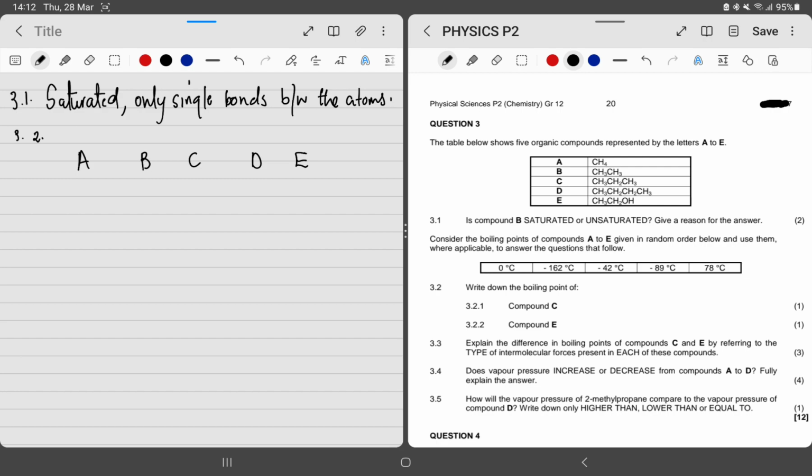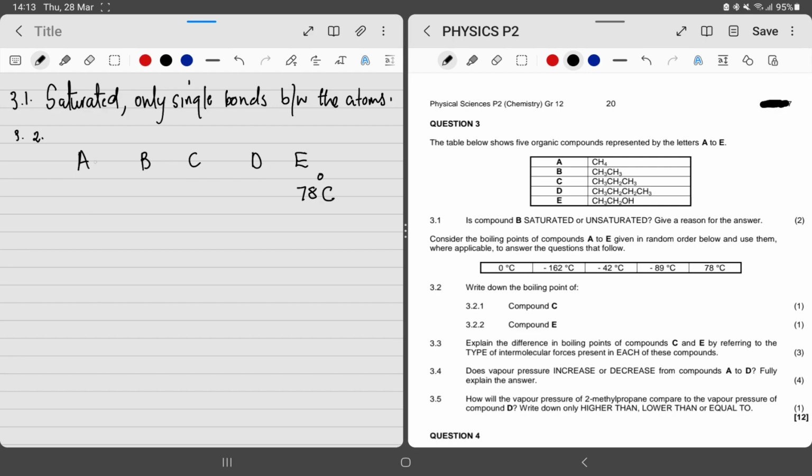We know for a fact that E is going to be 78 degrees because that's an alcohol and there's hydrogen bonding there. So it will have the highest boiling point. And then CH4 is going to have the lowest boiling point because we only have 1 carbon atom there.